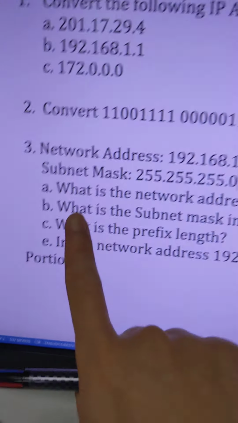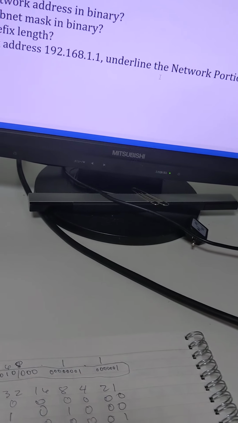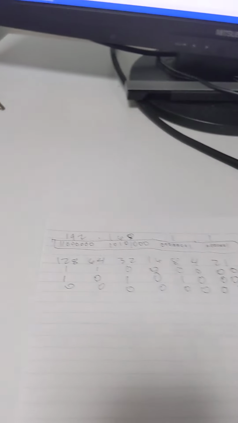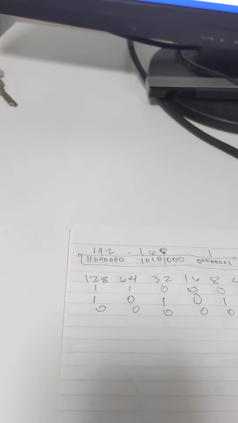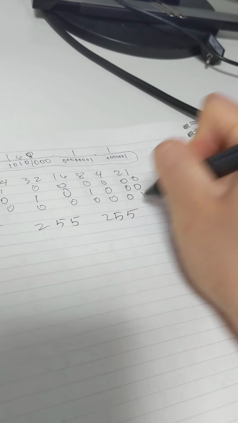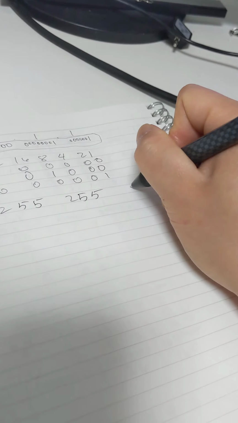Okay, next question is, what is the subnet mask in binary? Well, I changed this to 0, so I would assume that. We're gonna use a chart for 255, 255, 255, and 0.